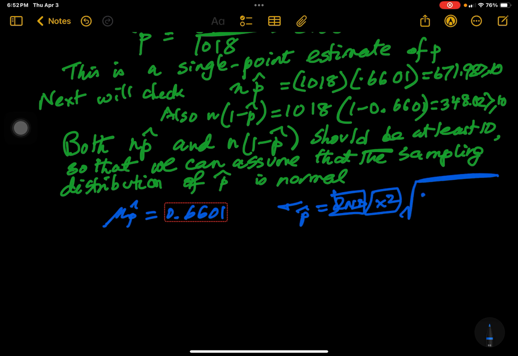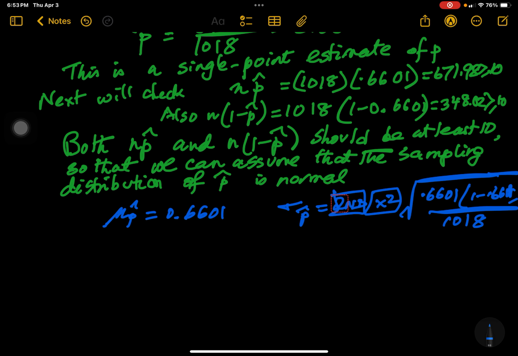Inside the square root I will type the p value, which we do not know, so we will use the sample proportion as a point estimate of p. So 0.6601 times 1 minus 0.6601 inside the parenthesis, divided by the sample size, which is 1018.